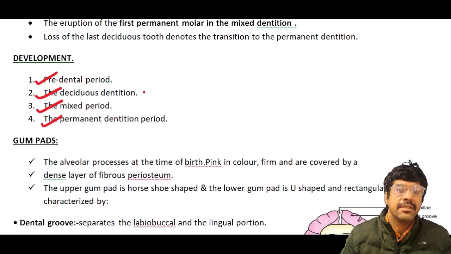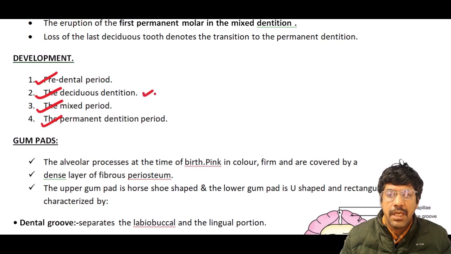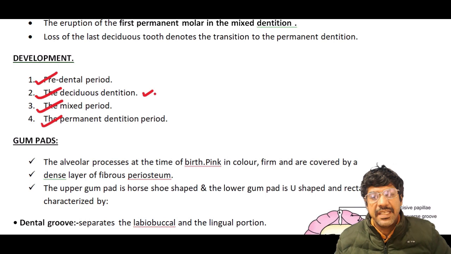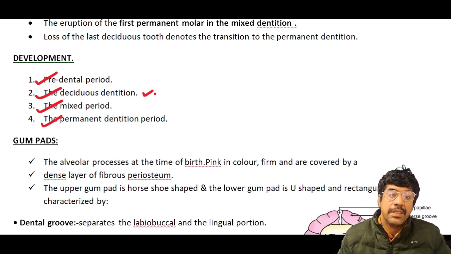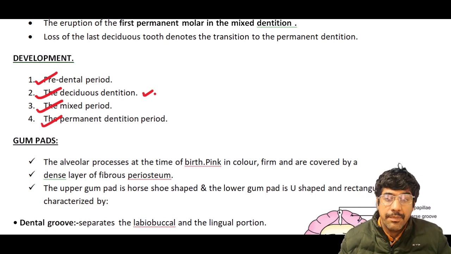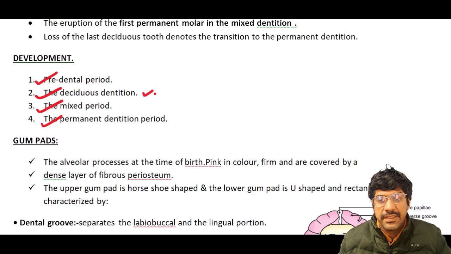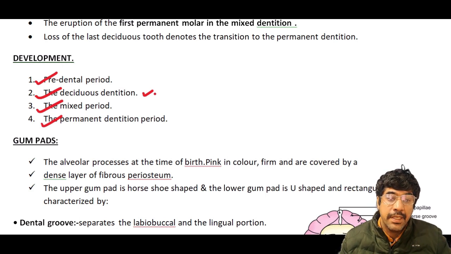The second is the deciduous dentition. This stage marks the eruption of the deciduous teeth, commonly known as baby teeth. This process typically begins around 6 months of age and continues until around 2 to 3 years, when all the primary teeth have erupted.